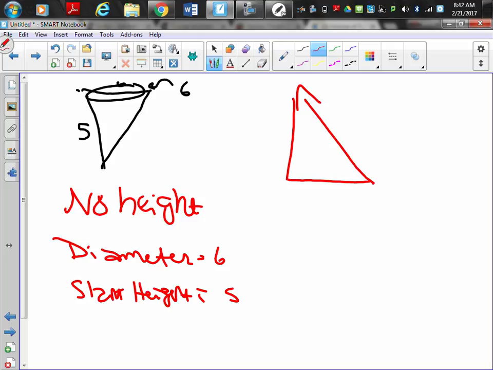How much is this piece right here? Is it 6? 3. Why is it 3? Because it's half of 6. Because this straight down line comes down right in the middle. So this is 3, because the whole thing is 6.